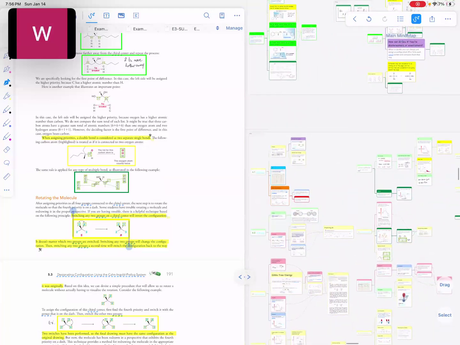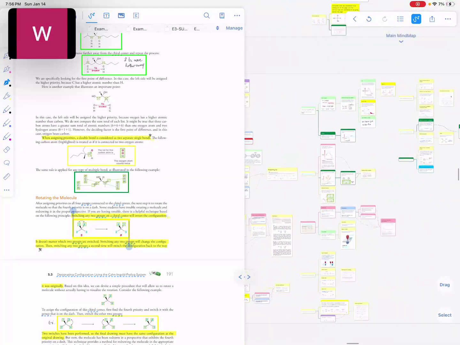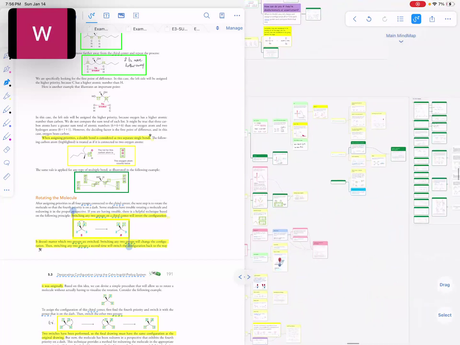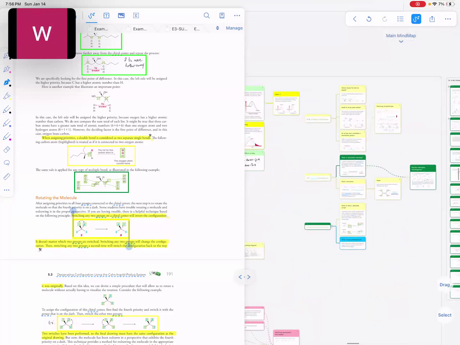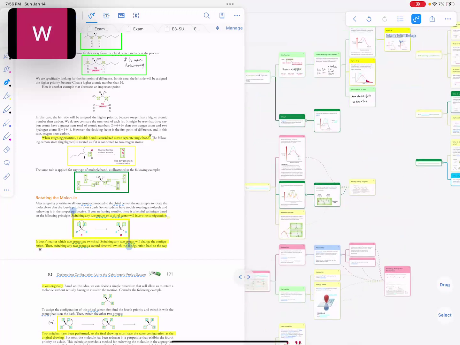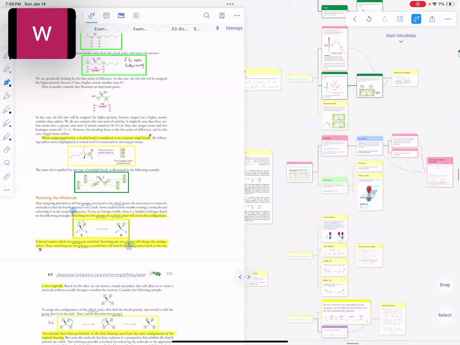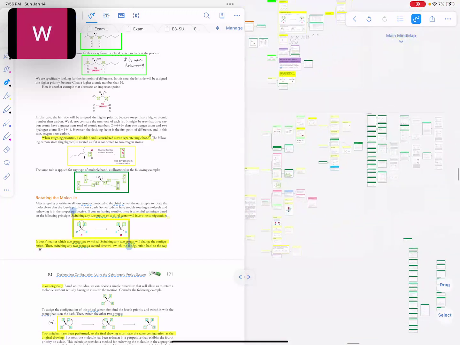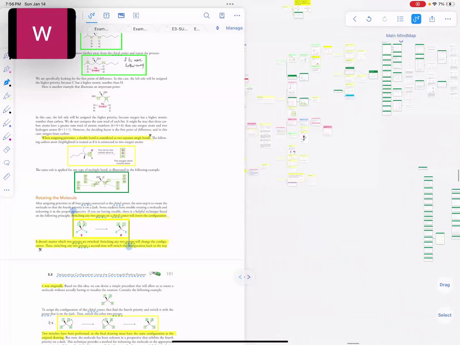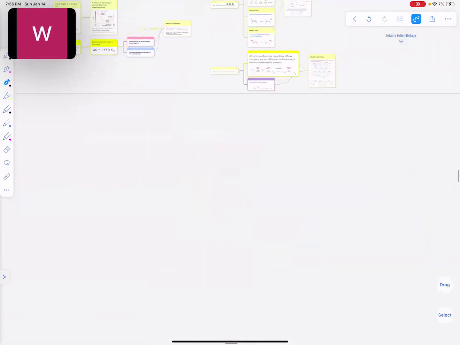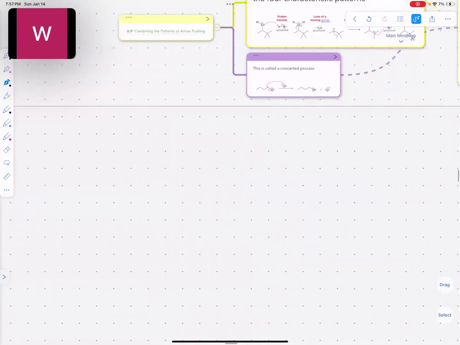Let's see if I have an example of this. Okay, so here, real quick. So electrophile, okay, if I had something like this, for example.